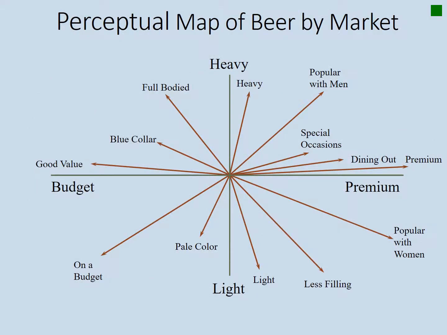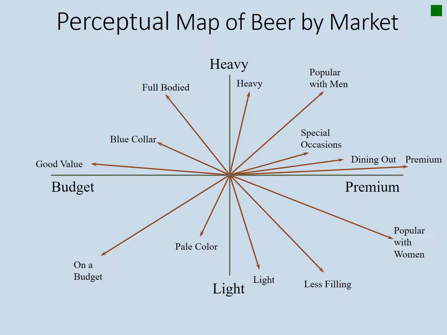Now, remember, we want to collect data from the perspective of the customer in relation to the brand, but we also want to measure the perception of the customers in relation to market segment too. So here we have different types of consumers or market segments that we've identified, probably through our segmentation process and the needs they have.